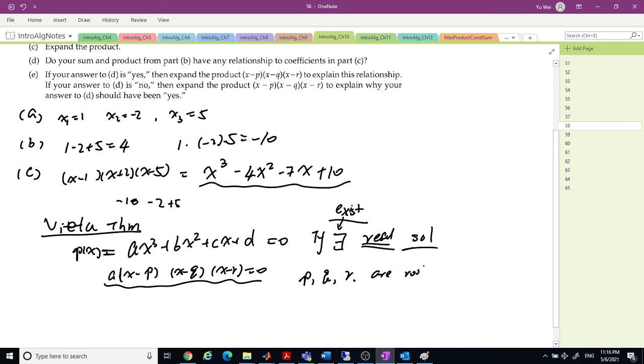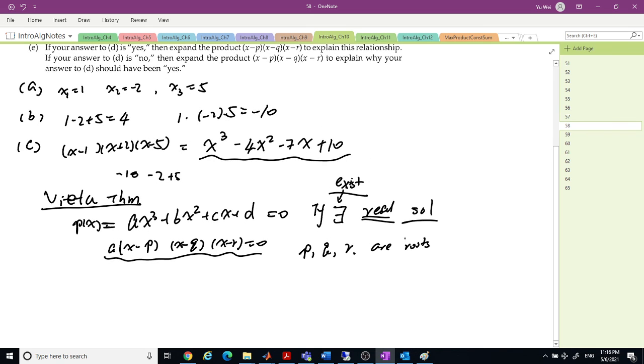Okay, so Vieta theorem tells you the roots' relationship with the coefficients. So p plus q plus r is the sum of roots, or we can write a sigma of the roots, just sum them together. It is equal to negative b over a.